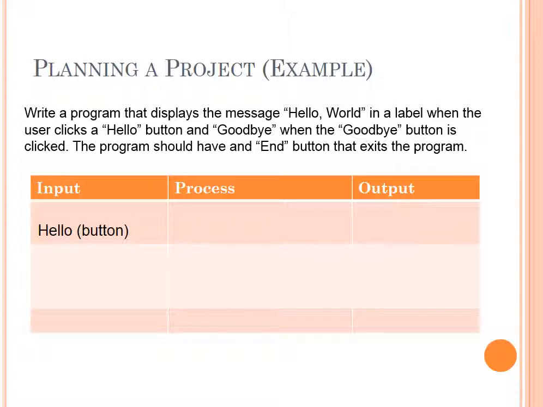Well, there's a button. There's going to be a hello button, okay? So the program needs to have a hello button. There's going to be a goodbye button. Same thing. The program needs to have a goodbye button. And thirdly, there will be an end button. So now I know when I'm ready to actually design my program that I need 3 buttons. Okay? And that's the only input that we get.